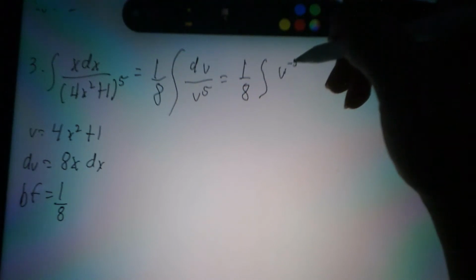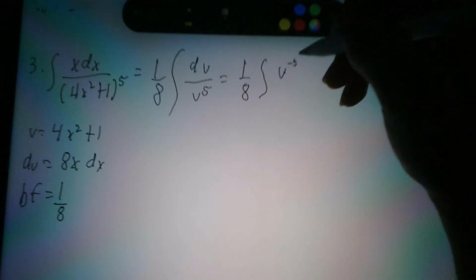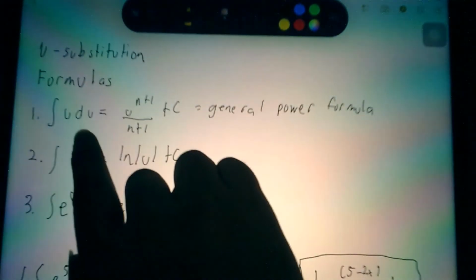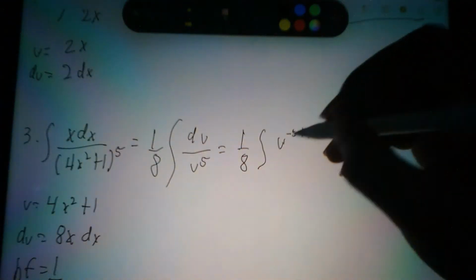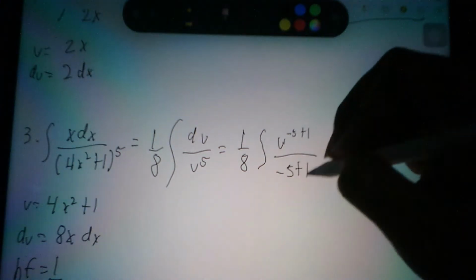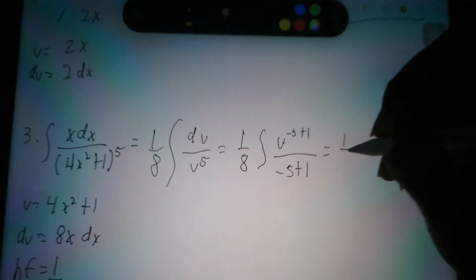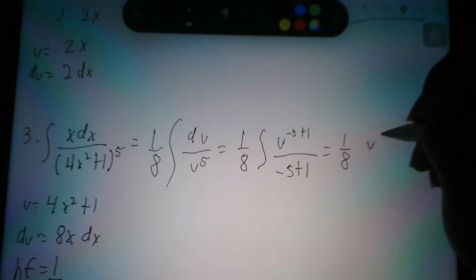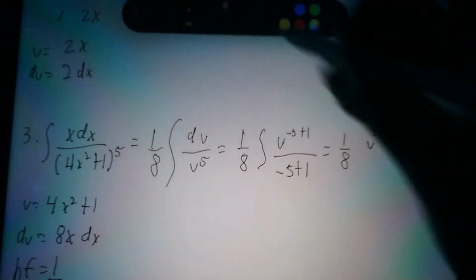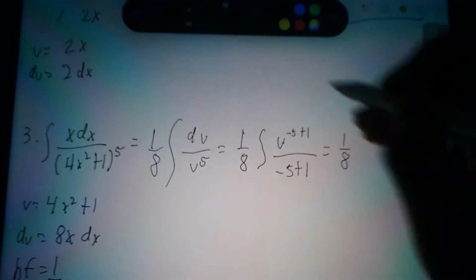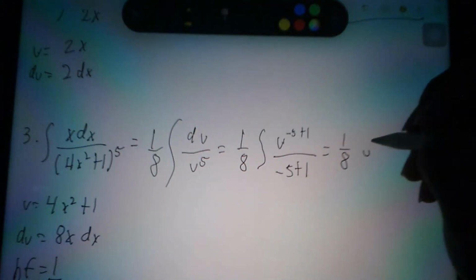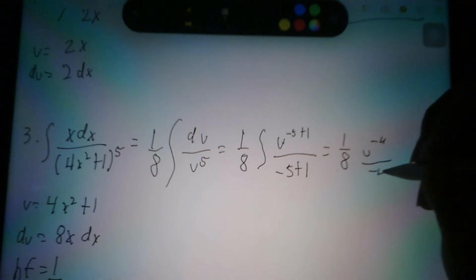By remembering our general power formula, which is here, u^n du equals u to the n plus 1 over n plus 1, where n is our exponent. So negative 5 plus 1 over negative 5 plus 1 will equal 1/8 u raised to negative 4 over negative 4.